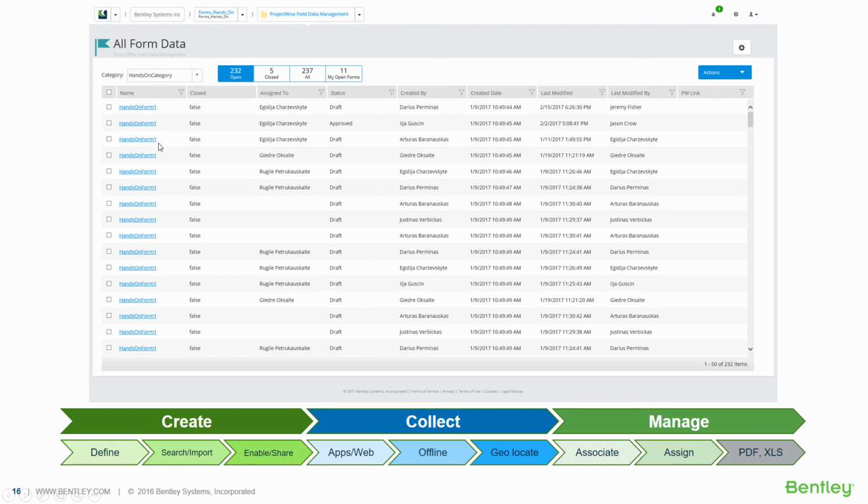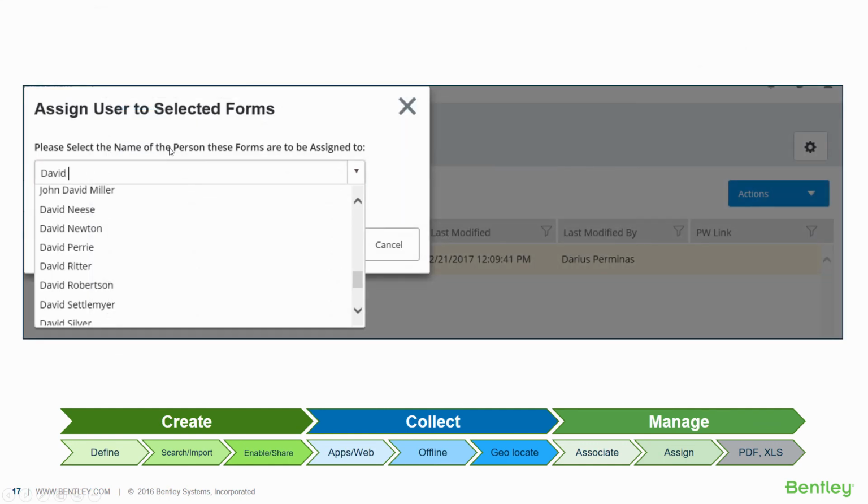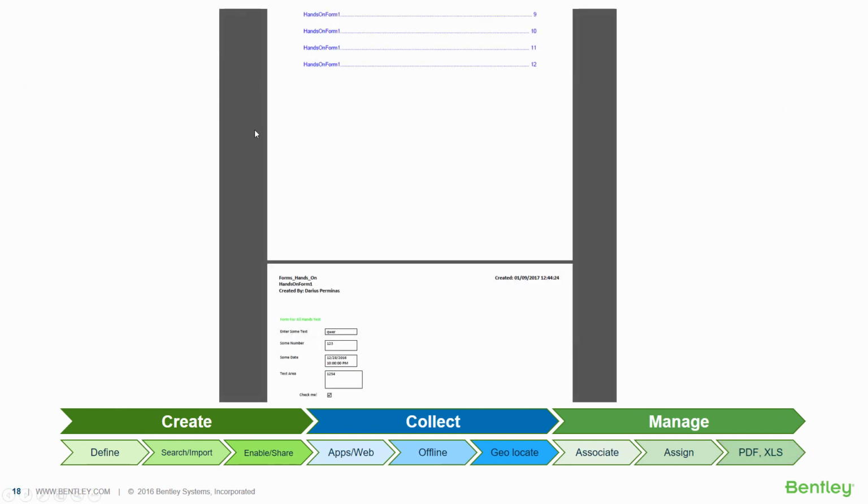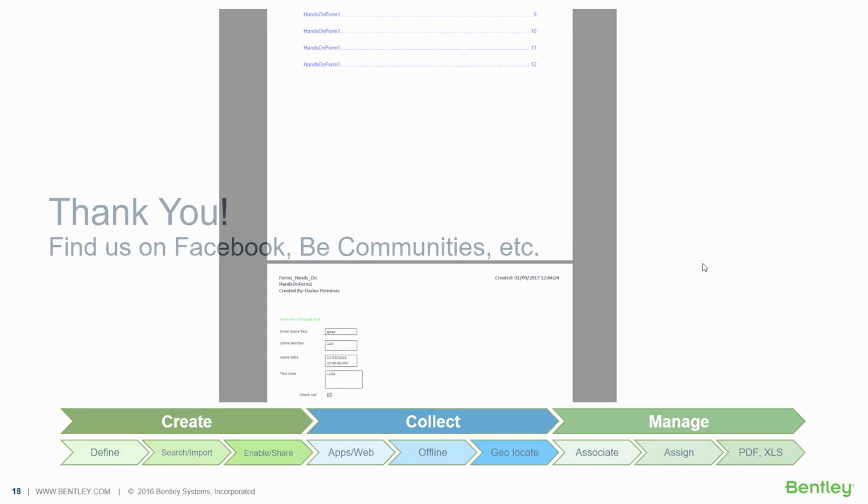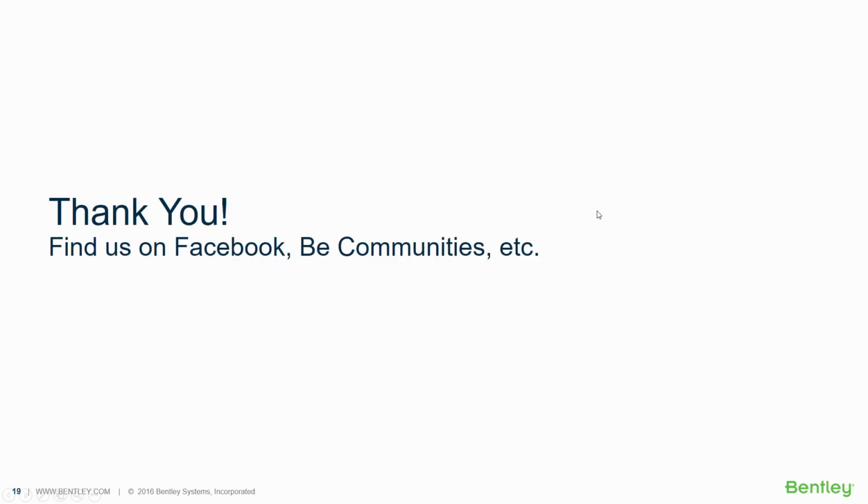You can also assign those forms to users for them to action, and create comprehensive PDF reports that you can later reuse, send via email or just store. So that's a very quick overview of the field data management solution.